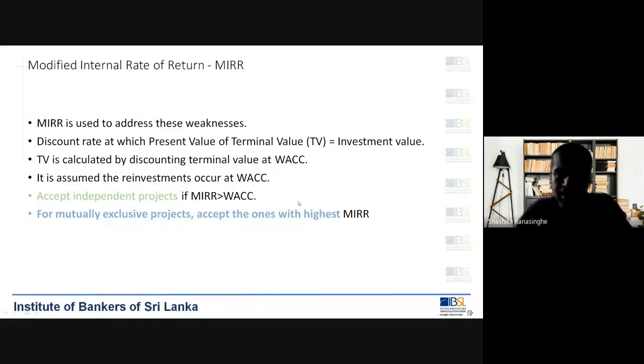Terminal value, TV, is calculated by compounding the cash flows at the weighted average cost of capital. It is assumed that reinvestments occur at the weighted average cost of capital.